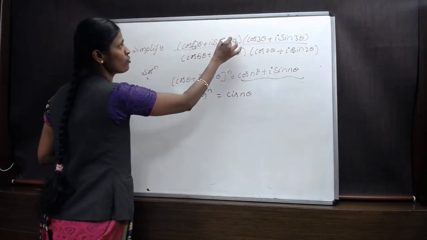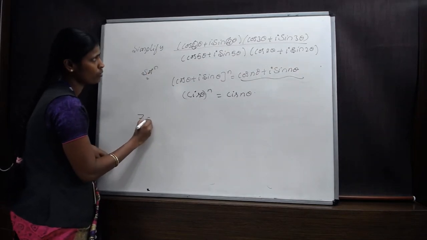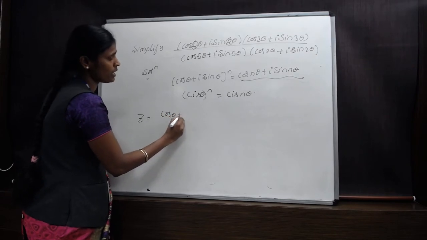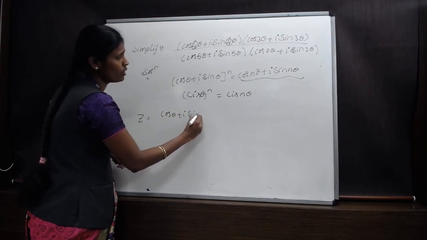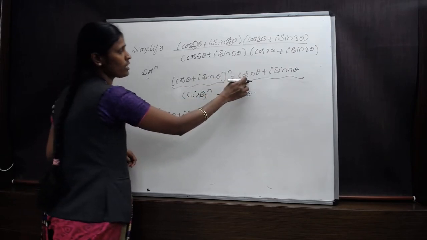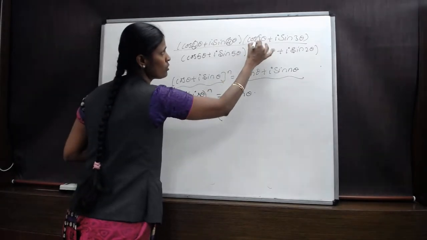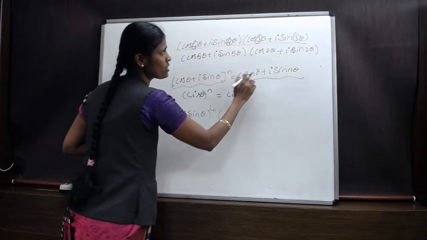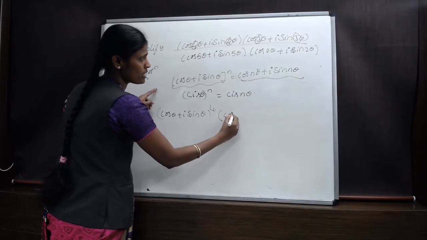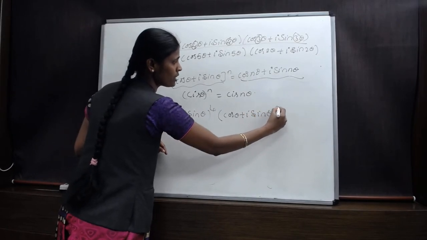Here n is 4. So now this can be written as z is equal to (cos theta plus i sin theta) to the power of 4. I use this concept, they are given RHS and I took LHS. So into, this is now n is 3, so we can write this as (cos theta plus i sin theta) to the power of 3.